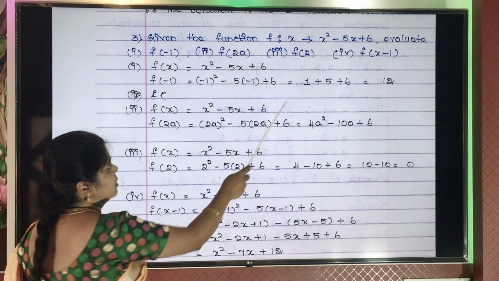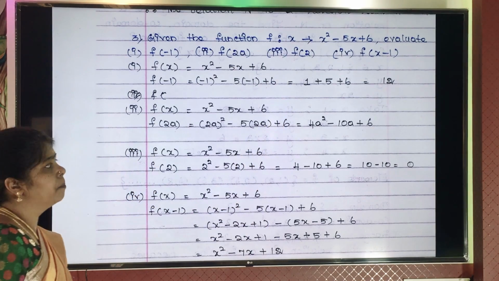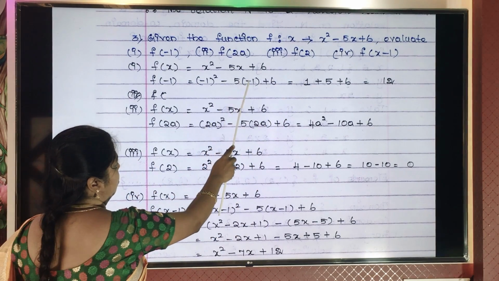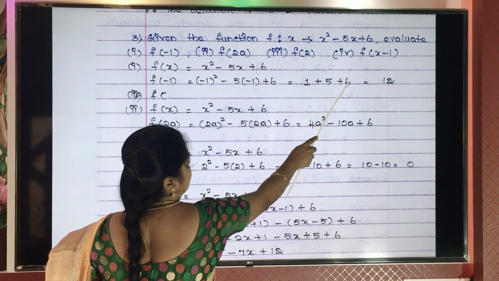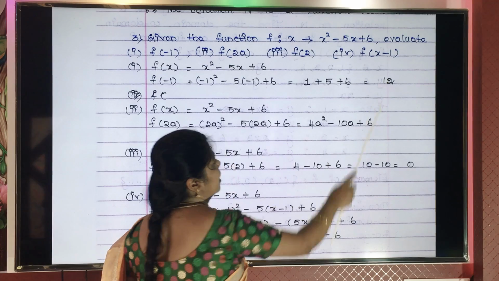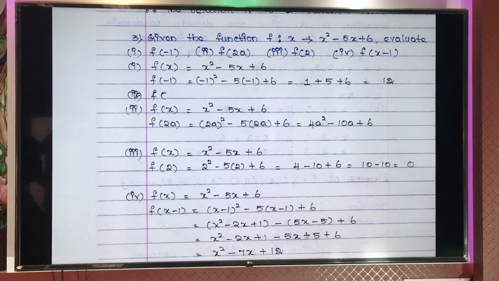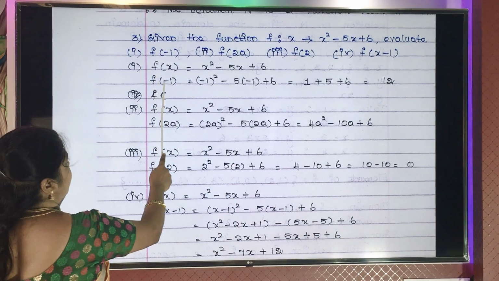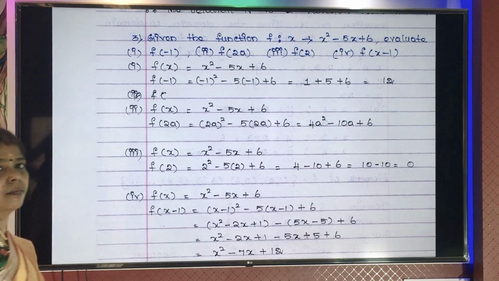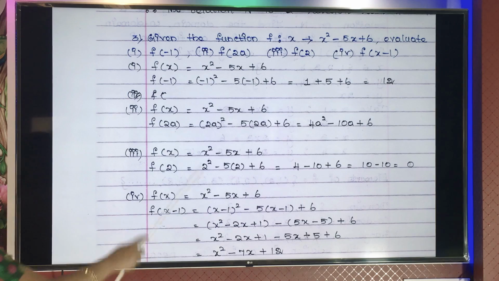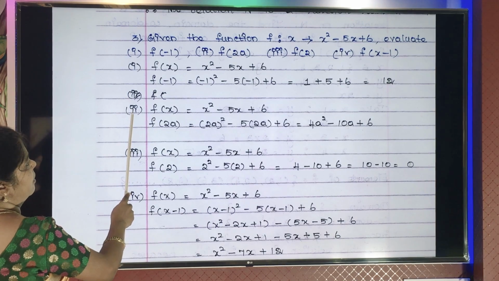Minus 1 into minus 1 becomes plus 1. Minus into minus becomes plus, 5 into 1, 5, plus 6. When you add all this, the answer is 12. This is f of minus 1. So f of minus 1 becomes 12. Have you all understood?